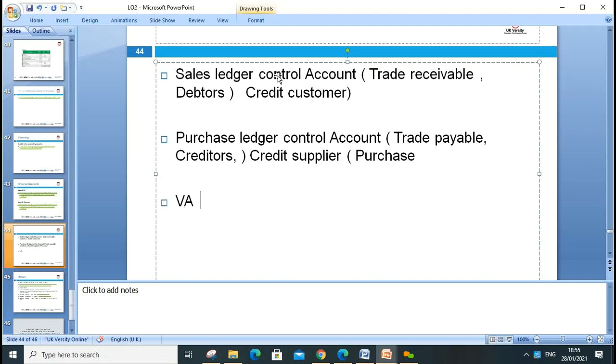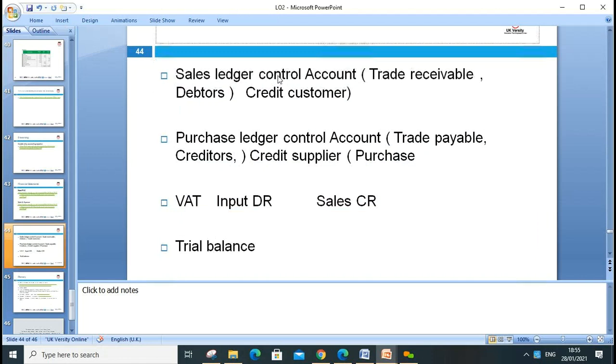Then we discussed VAT. Input VAT, which is on expenses or assets, goes on the debit side. VAT on sales will go on the credit side. We learned that according to the clip. That was the key, and all these control accounts are then reconciled into the trial balance.